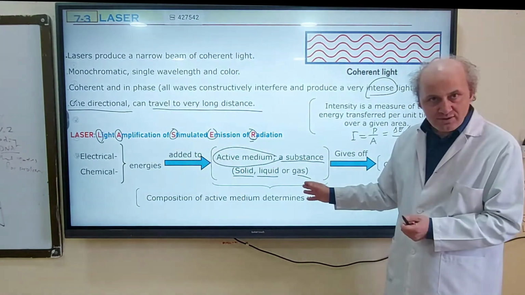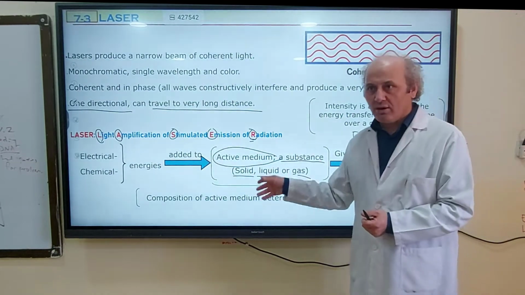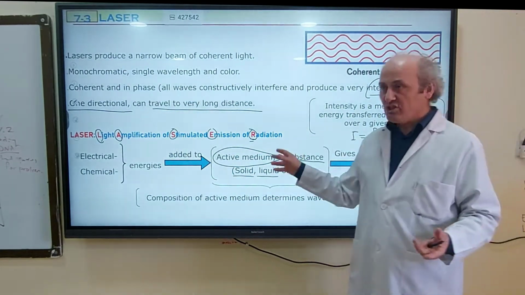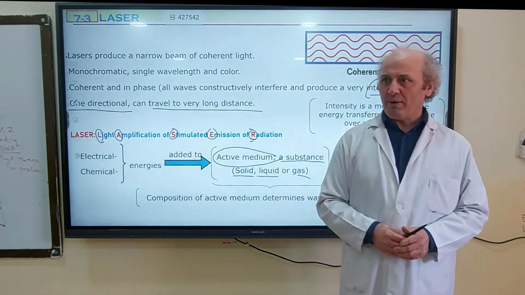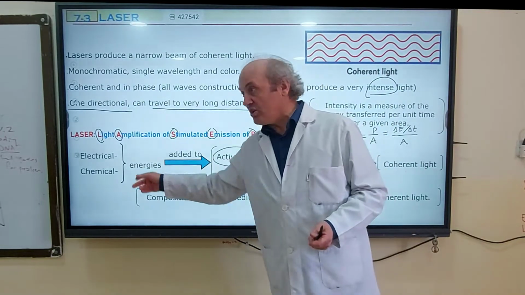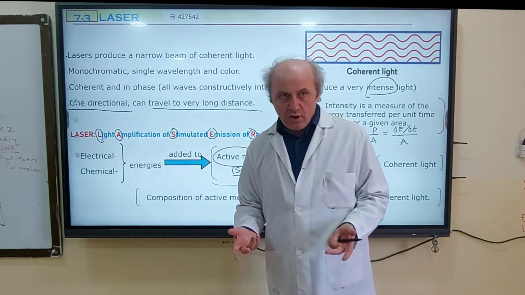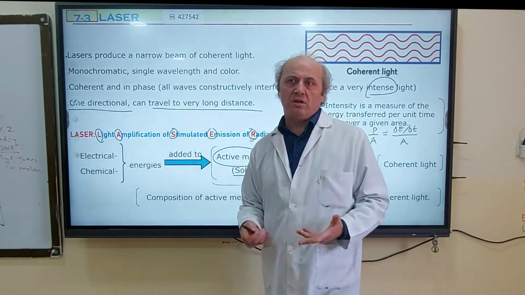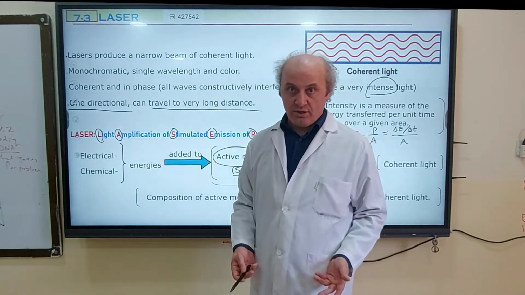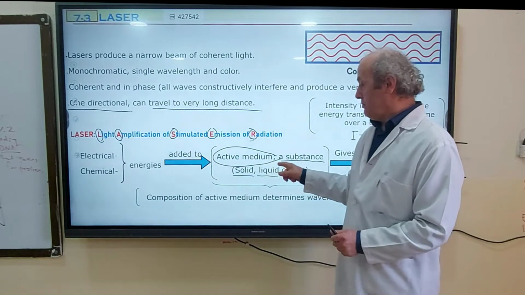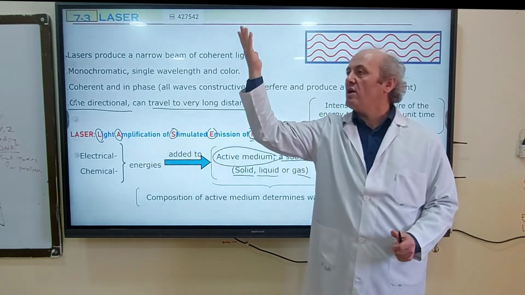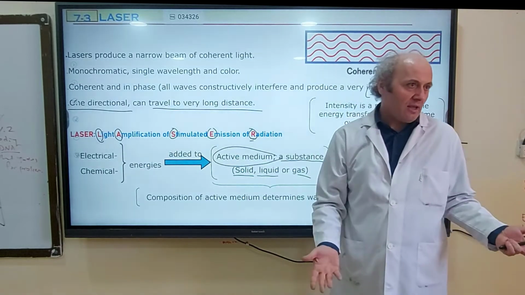It can be gas, liquid or solid, depending on the purpose of the laser. But energy must be added. Generally, batteries are used for lasers, and electrical energy can be added by using batteries. Or sometimes chemical energy. You can produce some chemical reactions, and chemical reactions also produce energy, as you learn in chemistry. So the active medium can absorb this energy and excite the electrons to higher energy levels. Then when they turn back, they emit light.